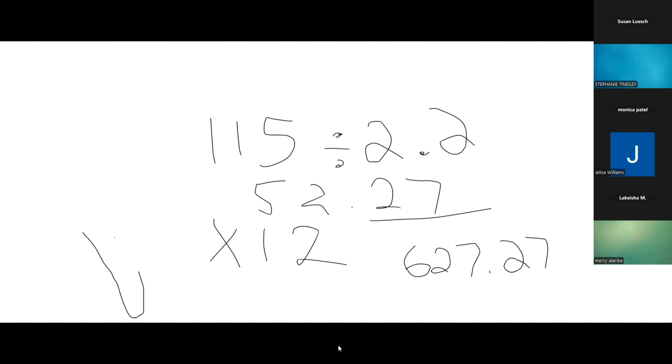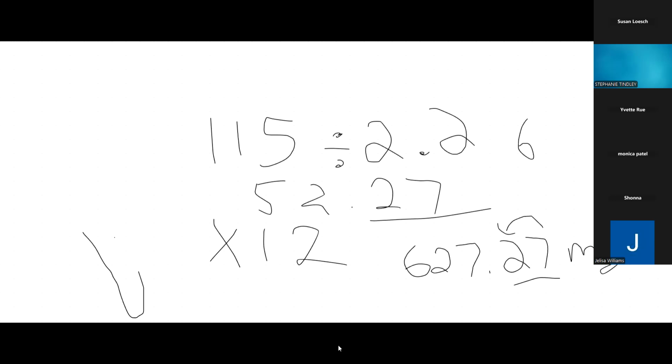If I said round it to the nearest tenth, it would be 627.3, because this dictates this. You still should have that whole number in your calculator, so that whole number is representative of what you're going to get.